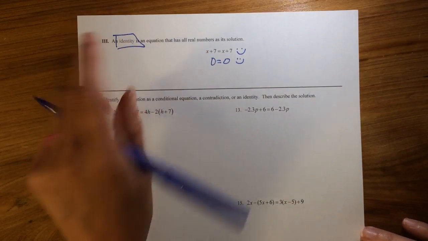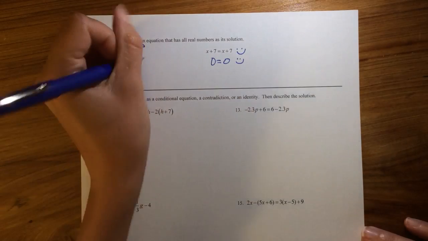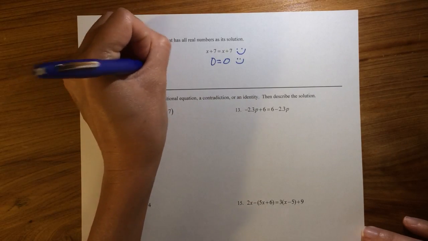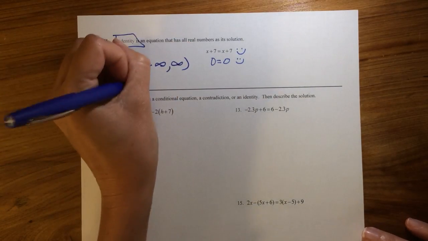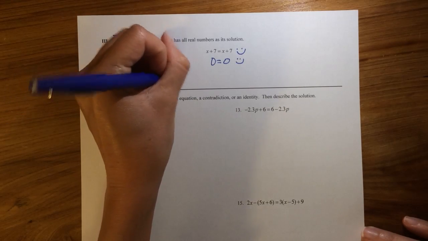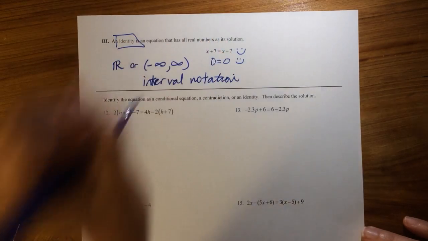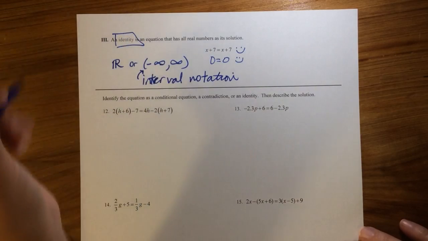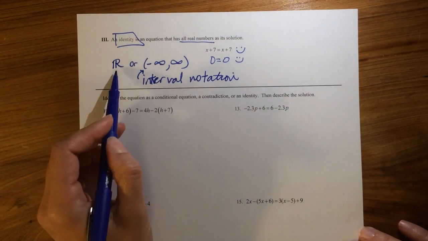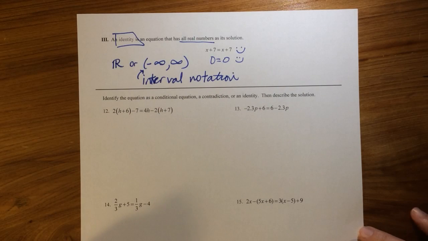It's the identity. So to type this in, you've either got that fancy script R or negative infinity to infinity, and this is called interval notation. So for all real numbers, you either have this fancy script R or interval notation of negative infinity to infinity.